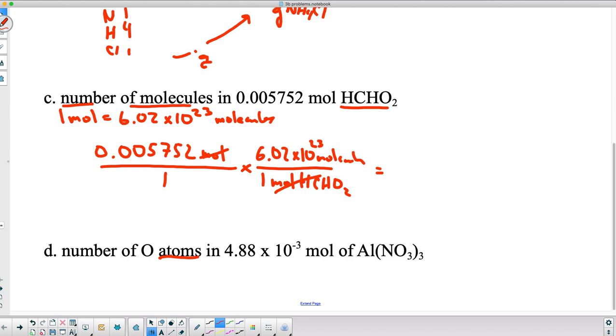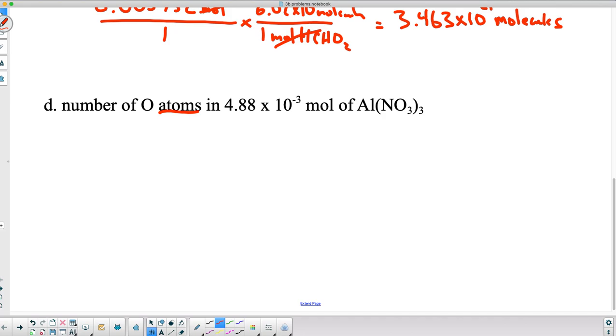And what I get then is 3.463 times 10 to the 21st molecules. So we're talking about an awful lot of molecules. And that's how you figure that out, just using this 1 mole equals 6.02 times 10 to the 23rd. Let's take a look at the next one.